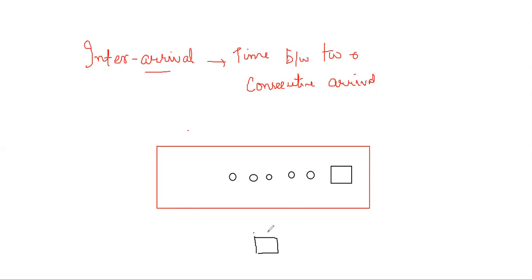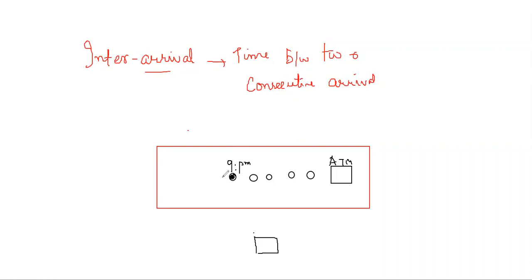Suppose this is an ATM. He might have started his observation some time back. He sees that at 9 p.m. one customer has arrived in the queue to withdraw money from the ATM.